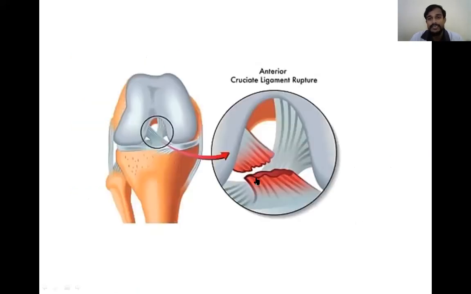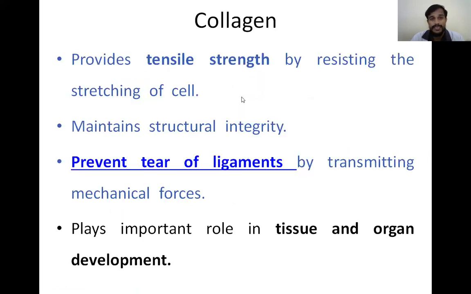During the movements of the joints and muscles, these ligaments will also move and there will be pressure on the ligaments. So due to this pressure, there may be tear in the ligaments. So this tear in the ligaments is avoided by this collagen. So that's it, prevents ligamental tears. This happens by transmitting the mechanical forces.